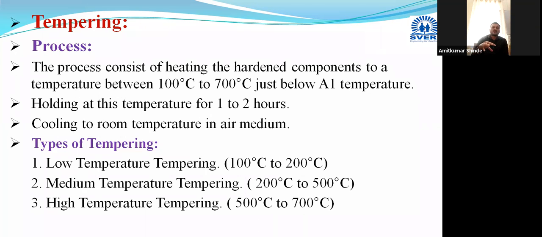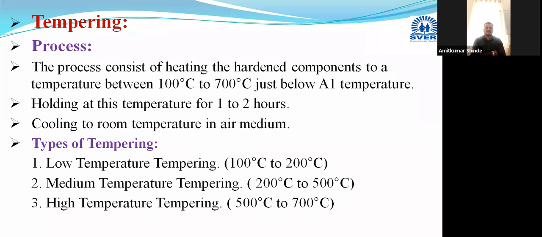Now, after providing sufficient holding time or soaking time, that component is slowly cooled to room temperature. Here we are using the slow cooling method. In quenching, we use rapid cooling, and depending on the type, air, oil, or water mediums can be used.